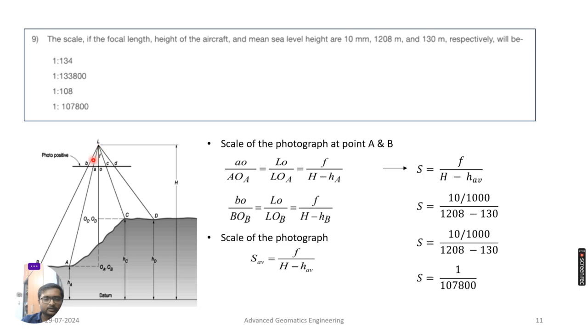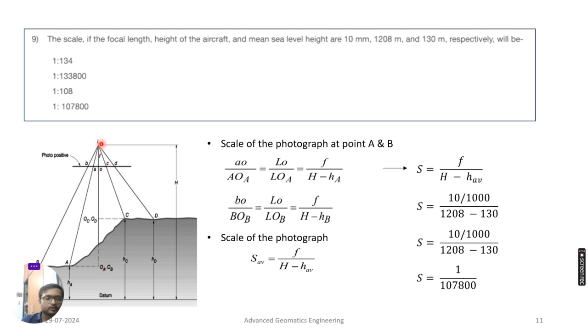If we take this triangle LAO and LOA, then the line AO divided by capital AOA equals LO, which is the focal length of the camera, divided by LOA, which is how far the camera is placed from the ground.